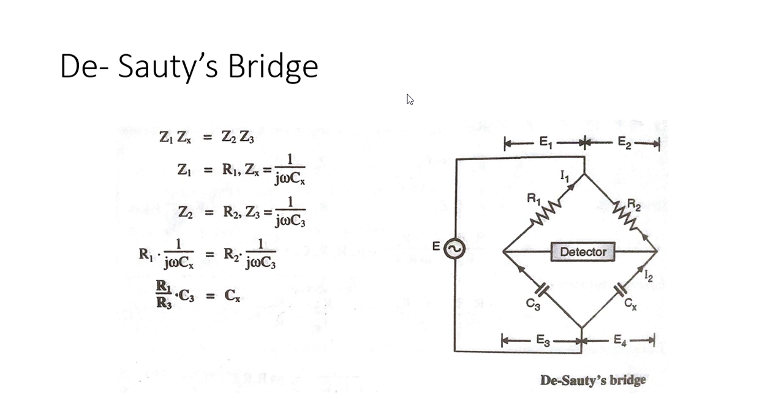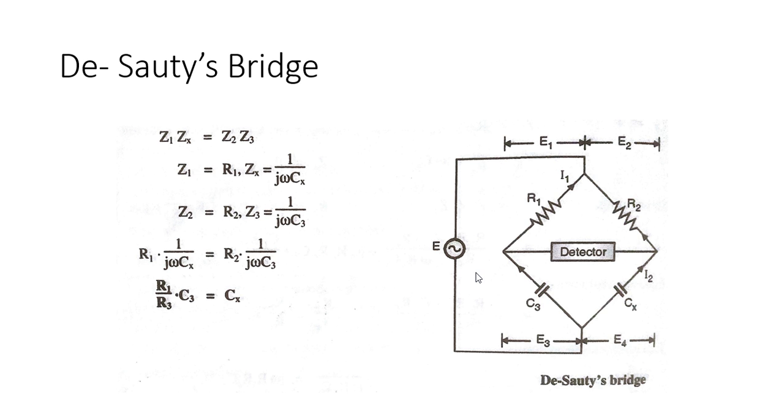It is very simple, the number of components is less, so it is a more economical bridge. But there is one disadvantage: the capacitor should be accurate and must not have any dielectric losses. If there is dielectric loss, it is not possible to achieve balance of this bridge. So balance mainly depends upon the dielectric loss.